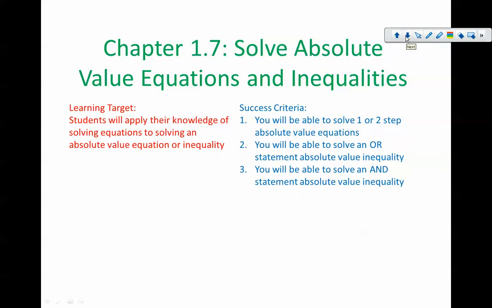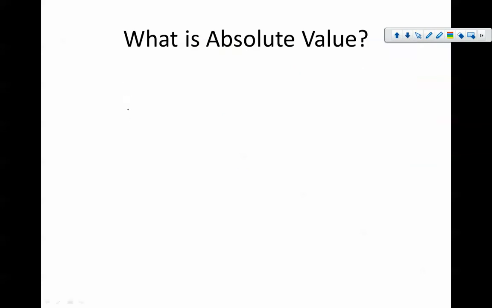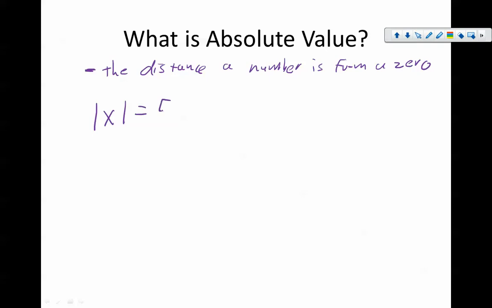So let's go ahead and talk about what absolute value is. A quick definition is the distance a number is from 0. This is something that you learned a long time ago, right? And in algebra, you even looked at some absolute value equations where, say, you have the absolute value of x is equal to 5.